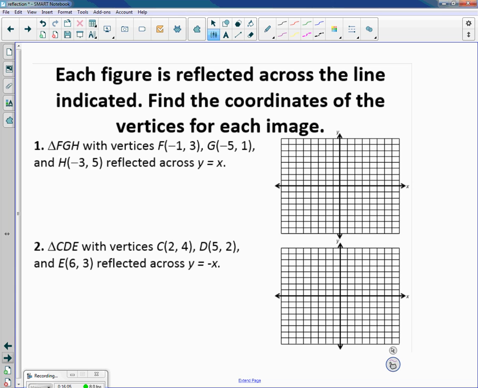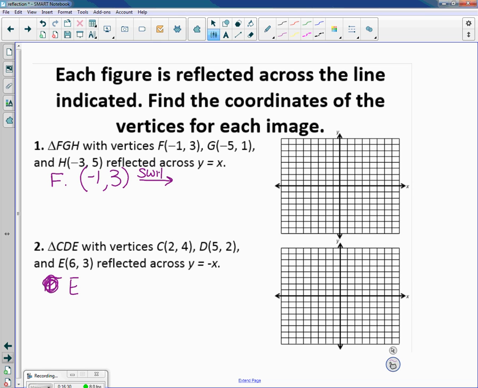Now, again, I don't like using the graph for this. I basically just like using my ordered pairs. So I'm going to do one ordered pair here and one ordered pair here. So for f, if I reflect it on y equals x, remember y equals x is switch.